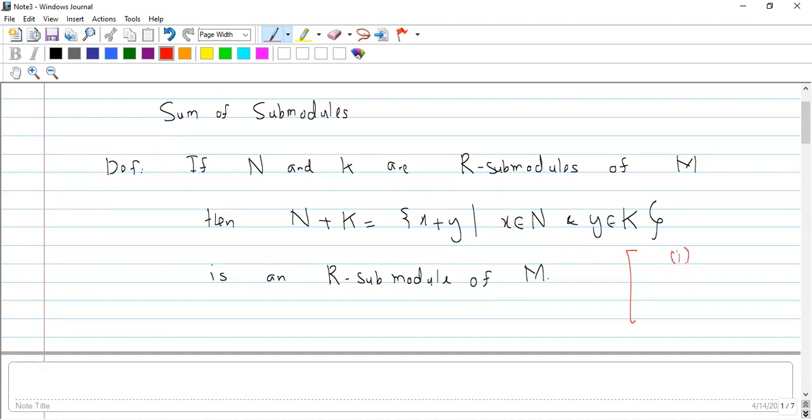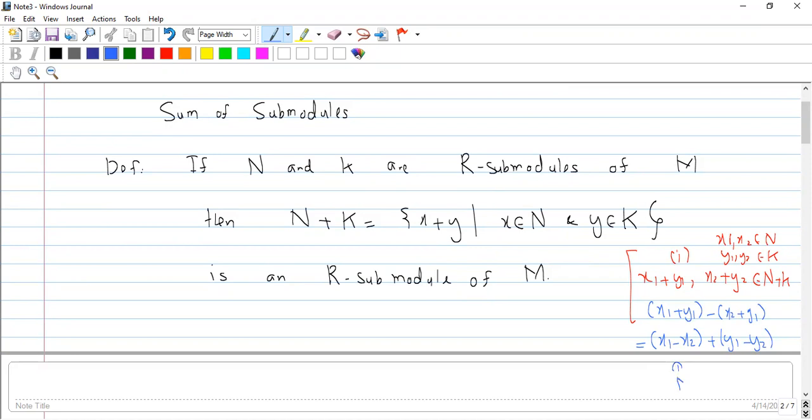If we take two elements from n plus k in the form of x1 plus y1 and x2 plus y2, where x1 and x2 are from n, and y1 and y2 are from k, then after taking their difference, what I will get is x1 minus x2 plus y1 minus y2.